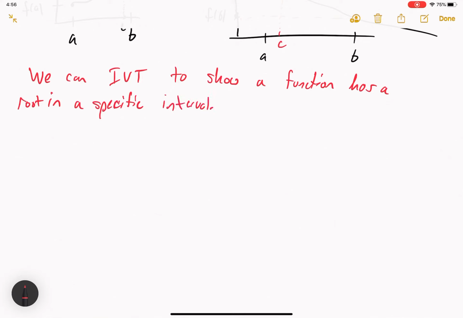I want to clarify it's in a specific interval because just saying it has a root is not very helpful, we kind of have to specify where the root is. And that's one of the parts of the IVT, we need to have somewhere we're doing this.